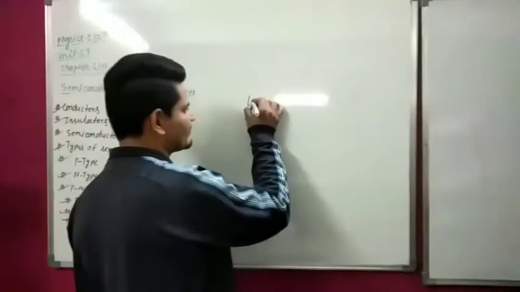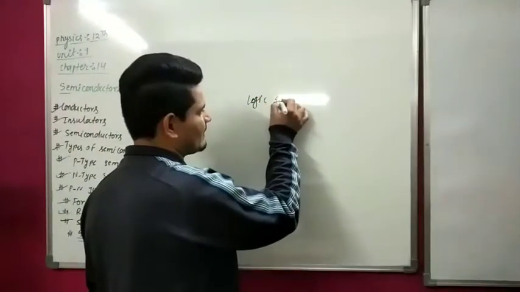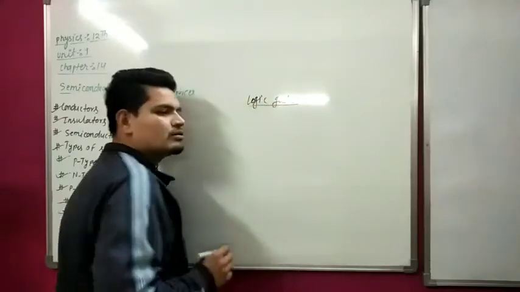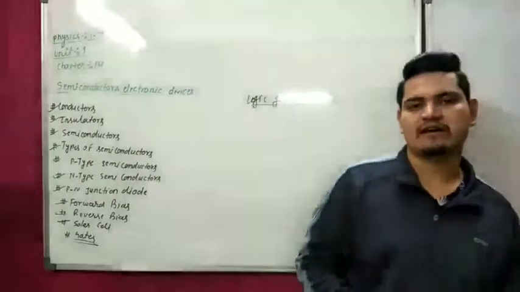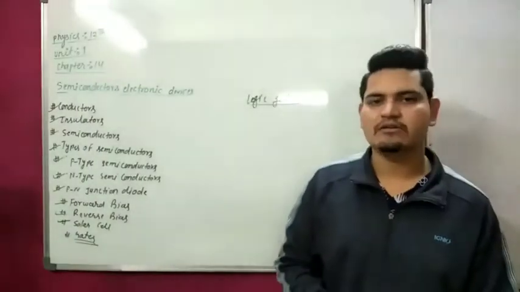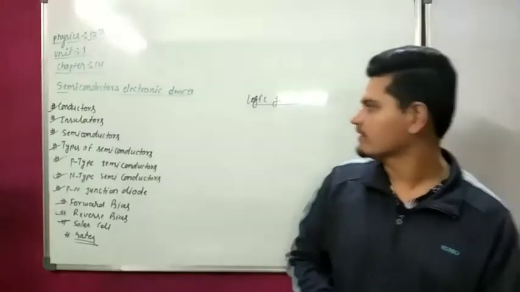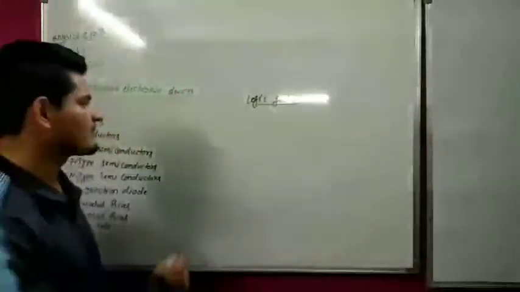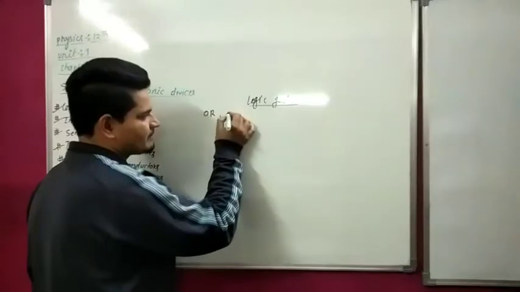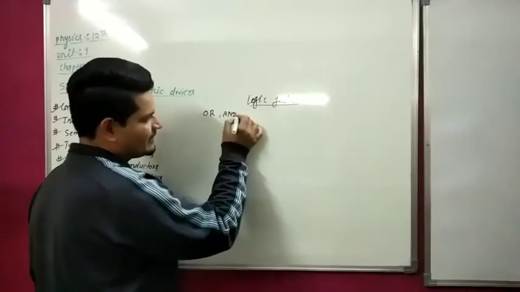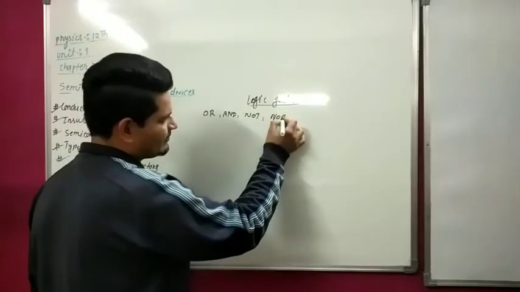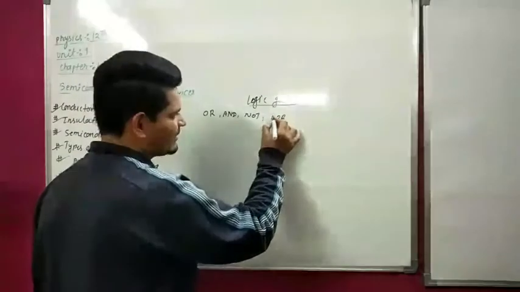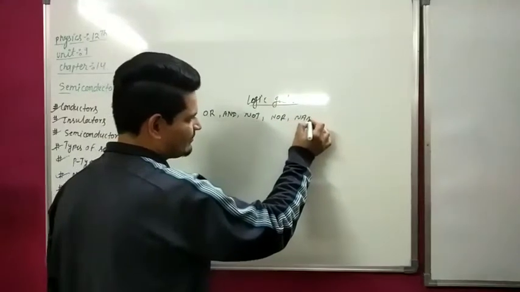Our last topic is gates, or we can say logic gates. Logic gates are the gates which allow the current to flow in the circuit or stop the current. So there are 5 types of gate. First is the OR gate, AND gate, NOT gate, NOR gate, and NAND gate.